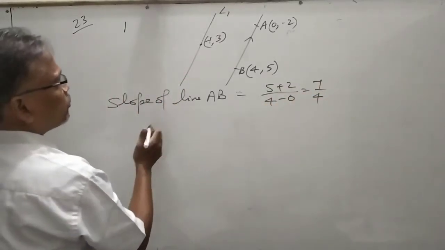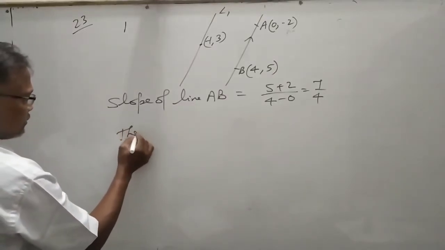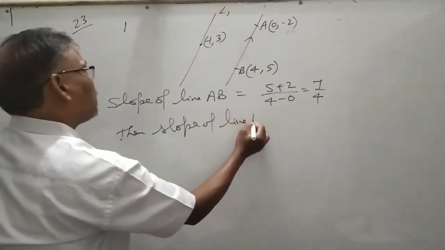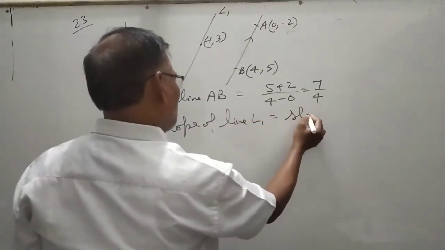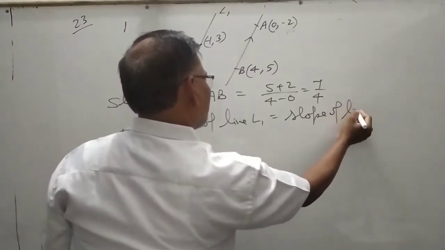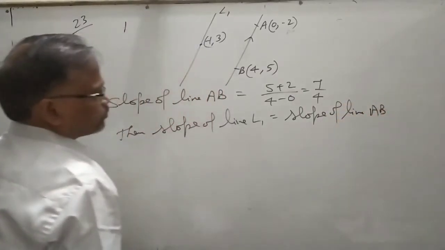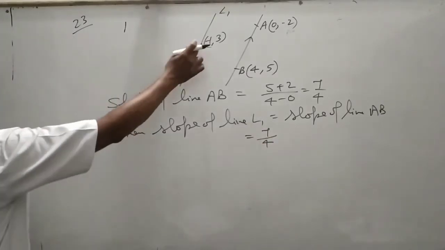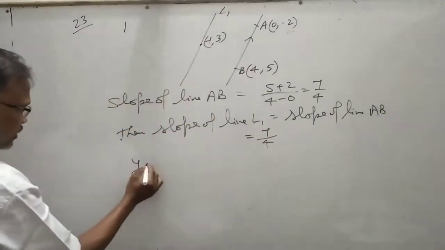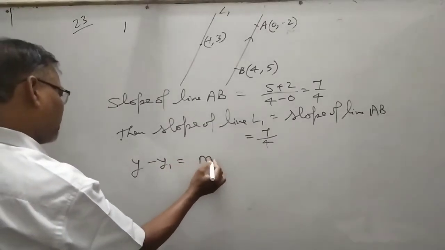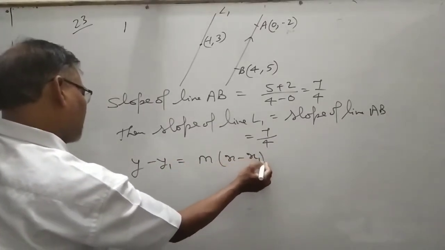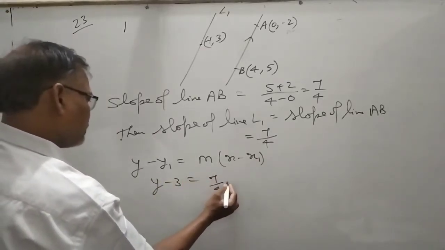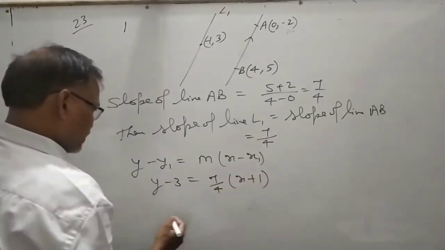And the same slope, so the slope of line L1 will be the slope of line AB. Why? Because both lines are parallel. So it will be 7 by 4. One point is given, slope is given, so using the equation y minus y1 equals m into x minus x1, put the values: x plus 1.